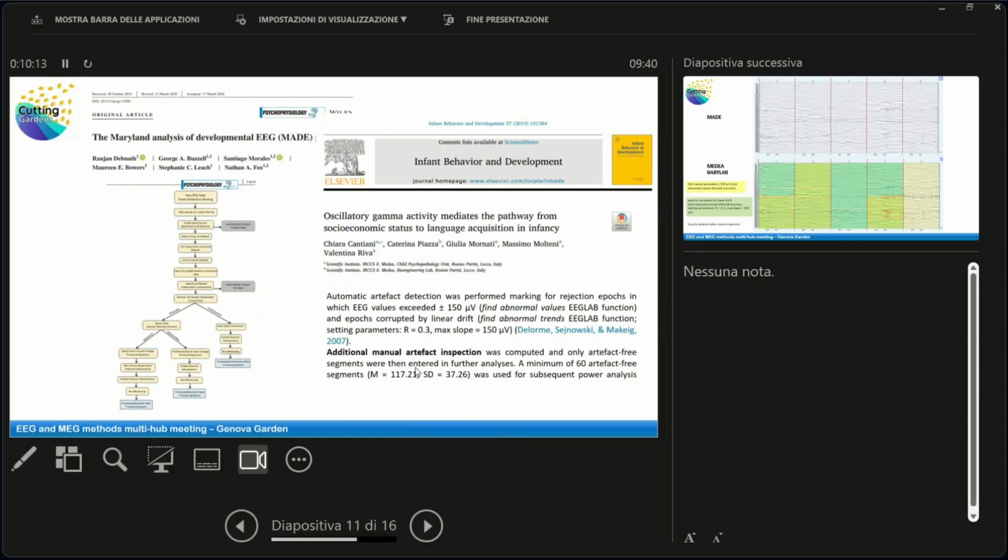So we took all our data and we processed it again with this MADE pipeline. I'm not going into detail, but it used ICA in order to reconstruct the signal instead of just removing artifacts.